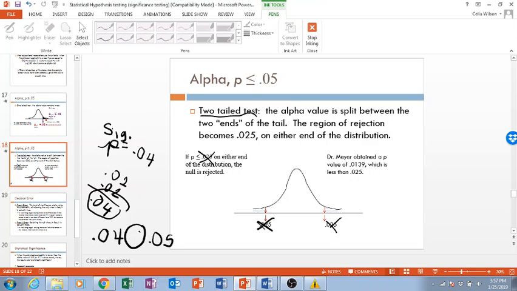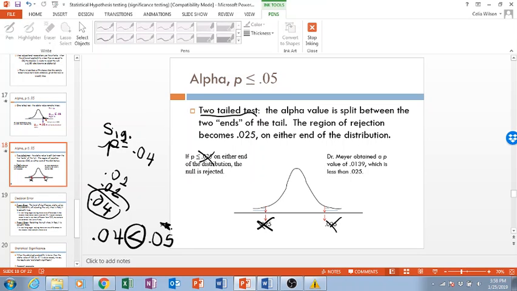So any probability less than our cutoff value probability or our alpha level of 0.05 is going to be considered statistically significant. What I mean by that is the probability we would have gotten the sample mean we got if the null is true is tiny. In fact, it's so tiny that it's less than our established cutoff value.